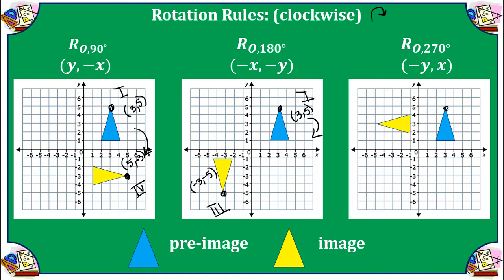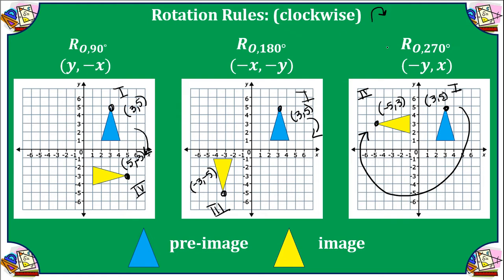Then we have 270 going clockwise, so that's moving around 3 quadrants. We're going from quadrant 1 to quadrant 2. Our reference point (3, 5) is now (-5, 3). So the x stayed the same, the y changed to its opposite, that's what this negative means, and then they switched positions.